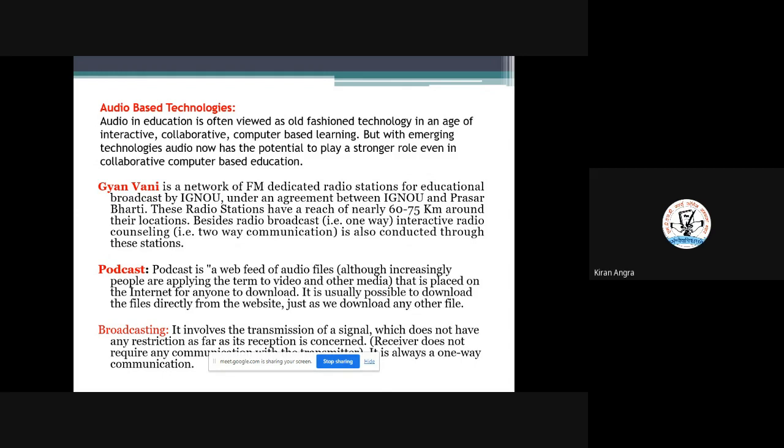Audio files are placed on the internet for anyone to access, and in a podcast there are many files; anyone can go directly to the website and download. But nowadays people may not allow you to just download the data stored in the podcast.